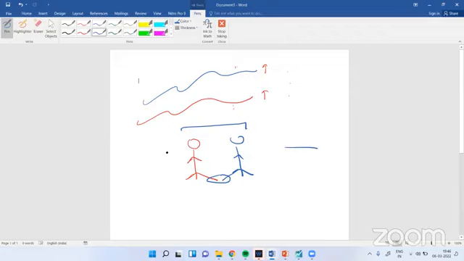Anybody recall this game? Two legs are tied and they have to run in the race. Anyway, if you don't recall, are you able to understand this concept?